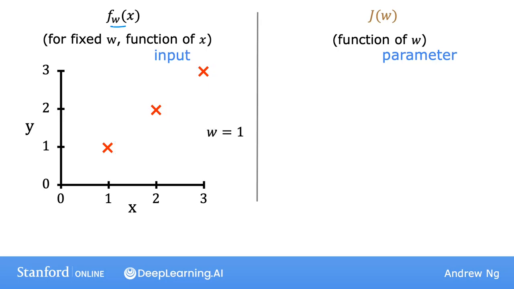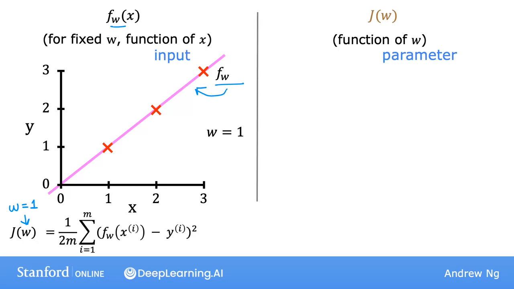So for this choice of w, the function f_w looks like this straight line with a slope of 1. Now, what you can do next is calculate the cost J when w equals 1. So you may recall that the cost function is defined as follows, is the squared error cost function.